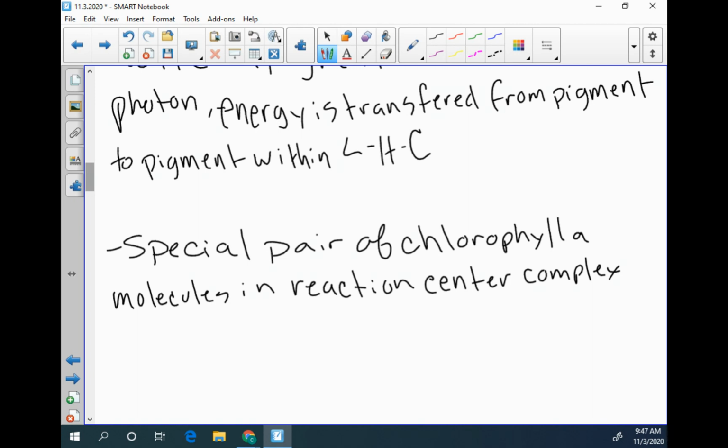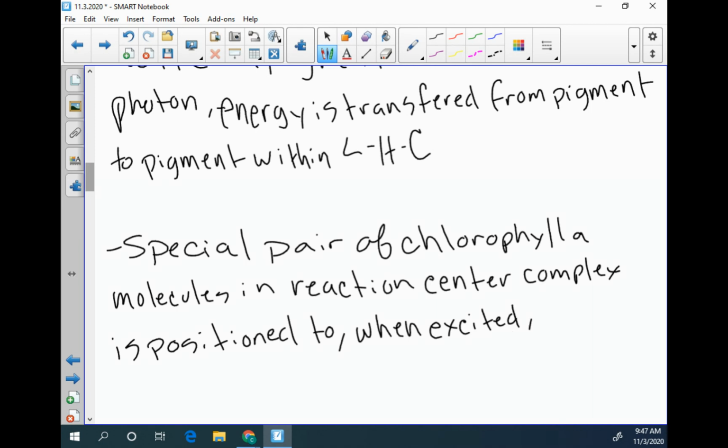Their location enables them to use energy from light to transfer the energy of the electron to this electron acceptor. So this special pair of chlorophyll A molecules in the reaction center complex is positioned to, when excited, transfer high energy electrons to a primary electron acceptor.